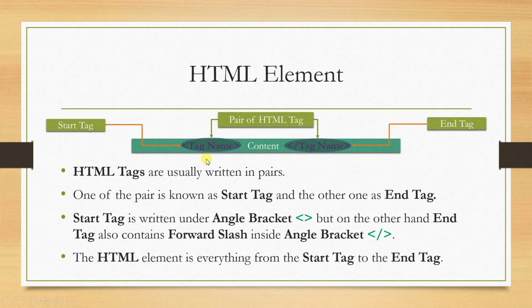Okay, if suppose we have used a bold tag to make the text bold, okay, so whatever is written in the middle of these tags will become bold after using the bold tag at the output on the web browser. Okay, so that is it with the HTML element part. This is the form or syntax we have to use in writing any HTML element.